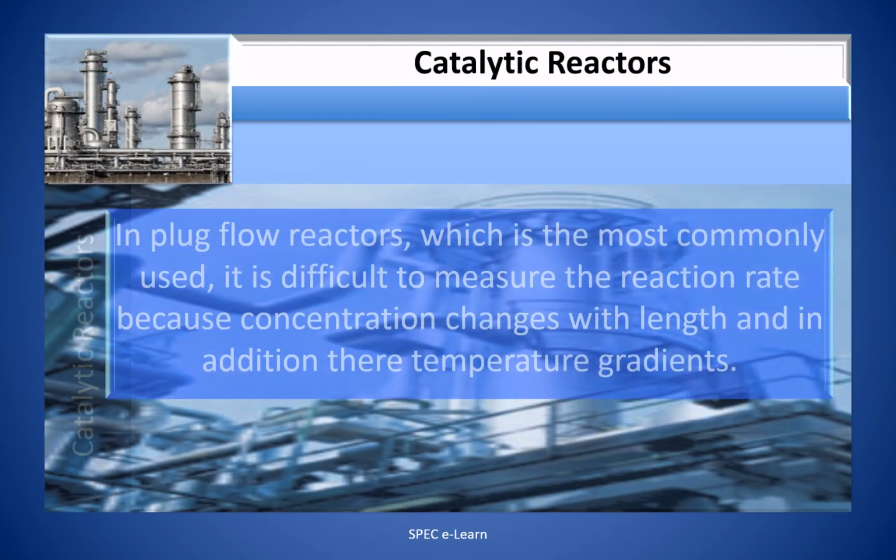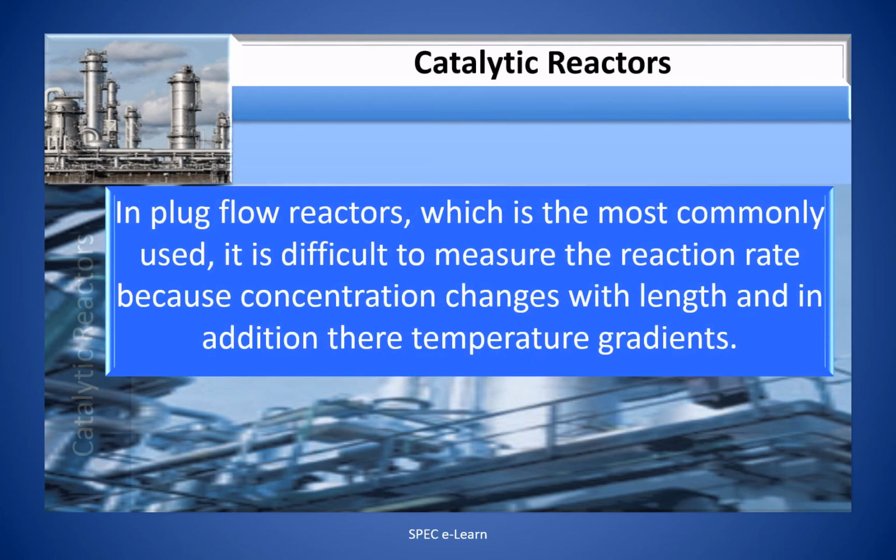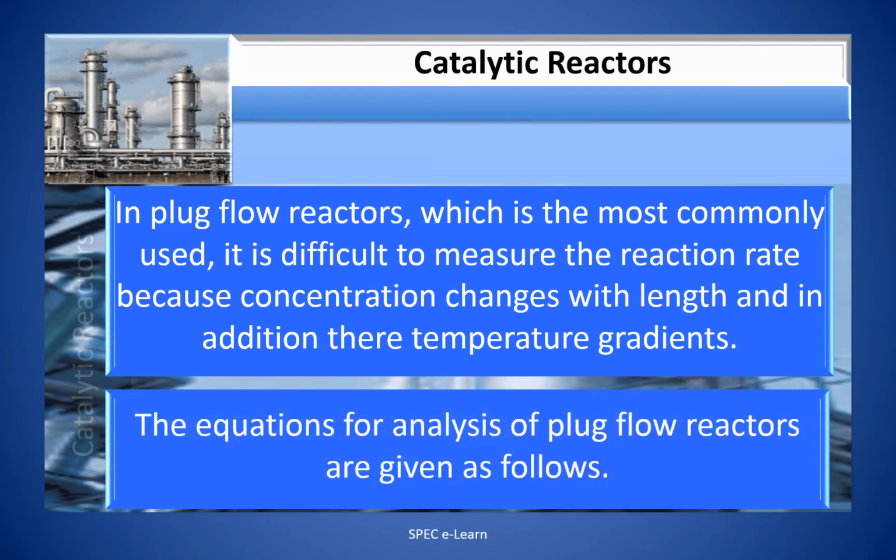In contrast, in plug flow reactors, which is the most commonly used, it is difficult to measure the reaction rate because the concentration changes with the length, and in addition, there are temperature gradients. The equation for analysis of plug flow reactors is given as follows.